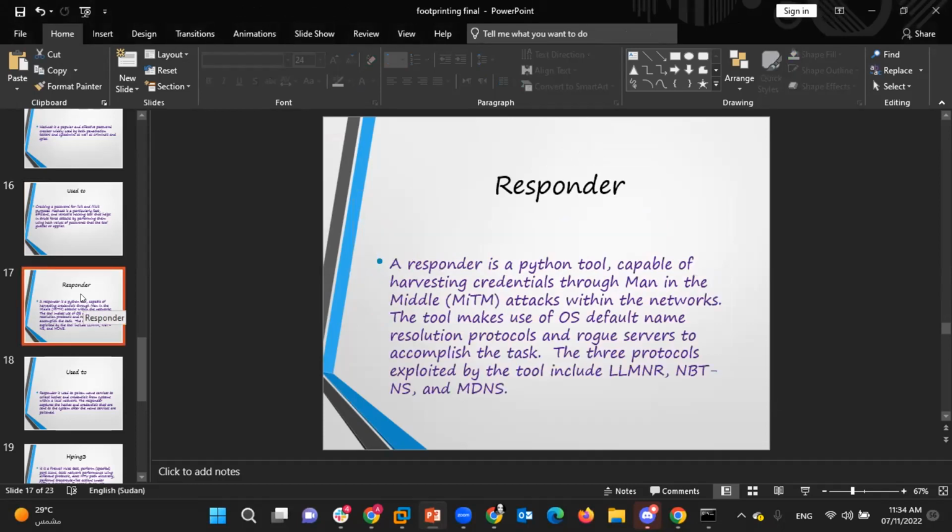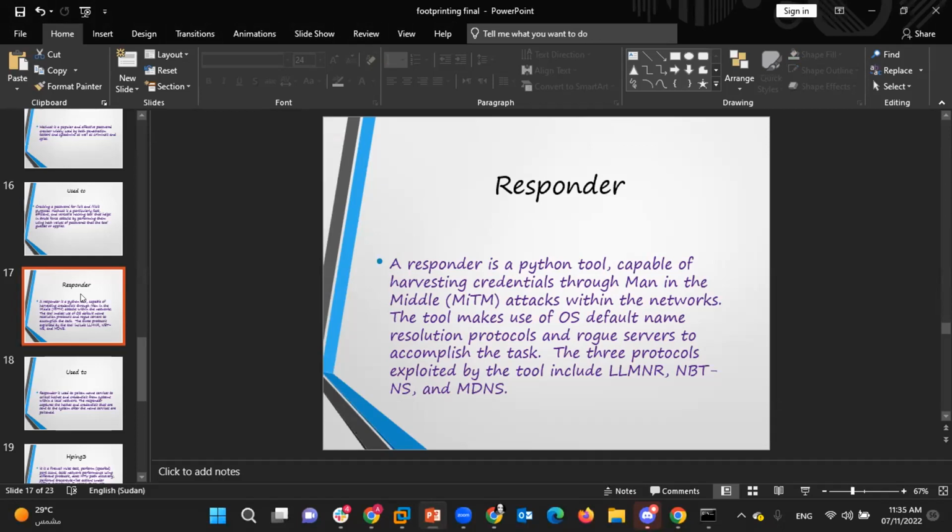Okay, Responder. We have another tool called Responder. Responder is a Python tool, as I mentioned before, capable of harvesting credentials through man-in-the-middle attacks within the network. The tool makes use of the operating system's default name resolution protocols and a rogue server to accomplish the task.